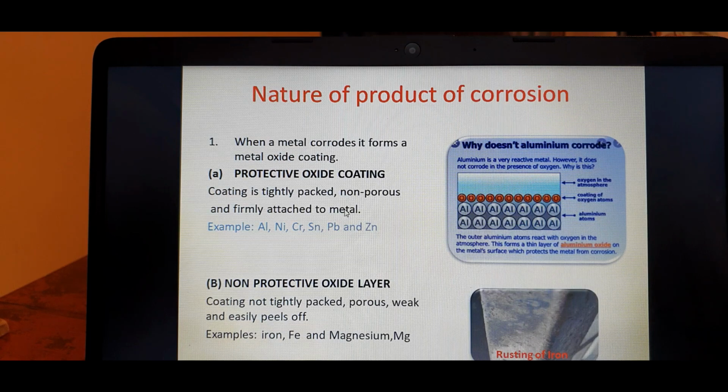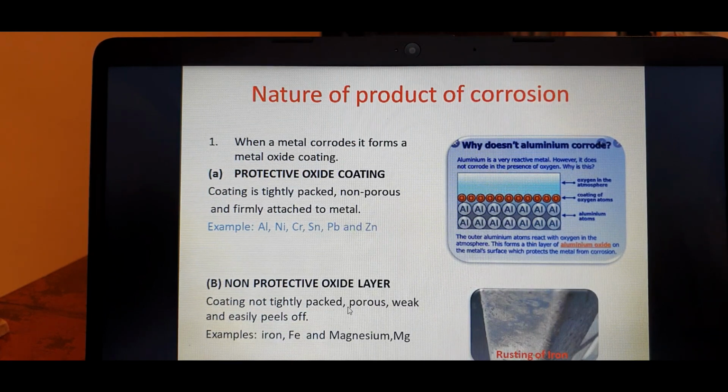So the corrosion of the aluminium does not continue to the inside part underneath. Only the oxide layer is formed on top, and it protects the aluminium from further corrosion. Other metals that have the same properties, like nickel, chromium, tin, lead and zinc, all react with the oxygen in the air to form a protective oxide layer.